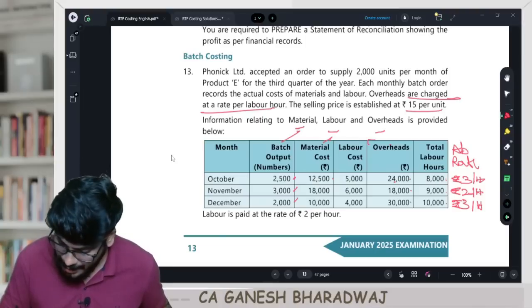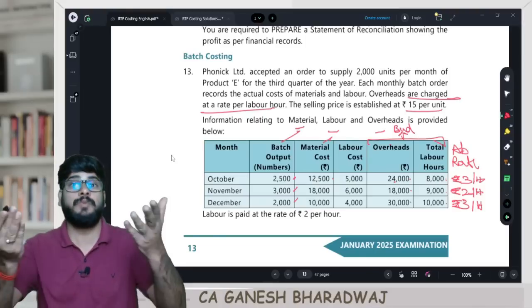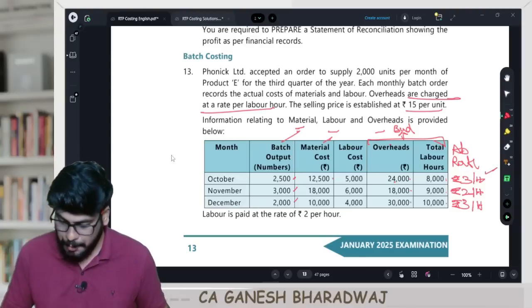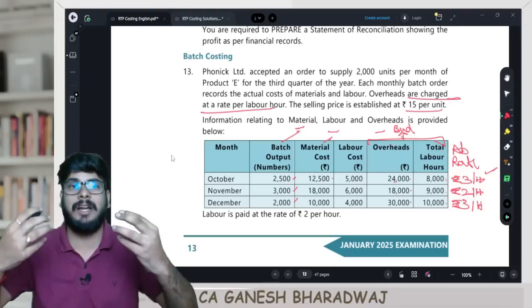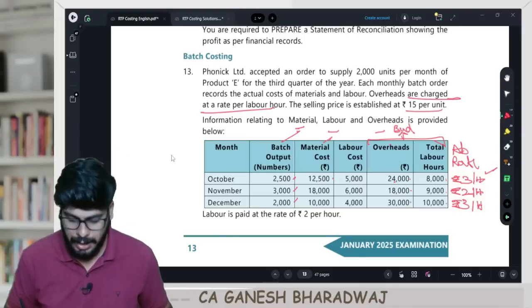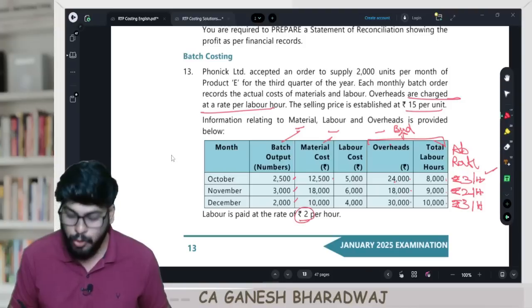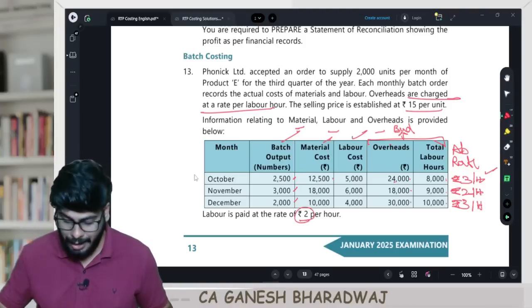Now, ideally speaking, these are budgeted data, because we always use only the predetermined rate, correct? Now, this absorption rate, you need to multiply with the actual labor hours to arrive at the absorbed overheads. That is the reason they have given one more data here. The labor is paid at the rate of 2 rupees per hour. Now, you have the labor cost, and you have the rate of labor also.